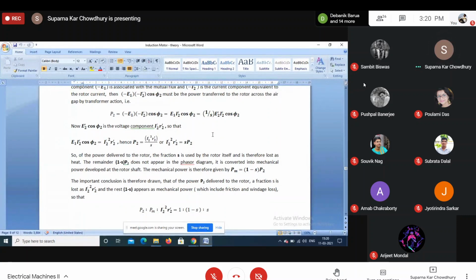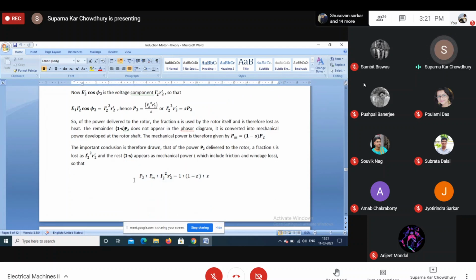So if P2 is the total power transfer, then minus the loss, that is (1 minus S) P2, is the power which is converted to mechanical form. This is not reflected in the phasor diagram, because that power is converted to mechanical form. So PM is equal to (1 minus S) into P2.